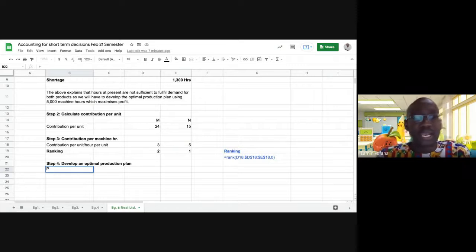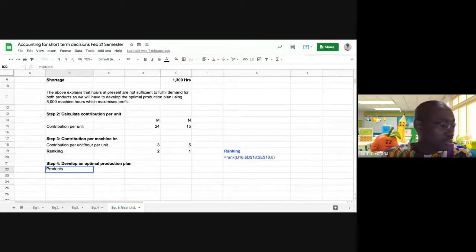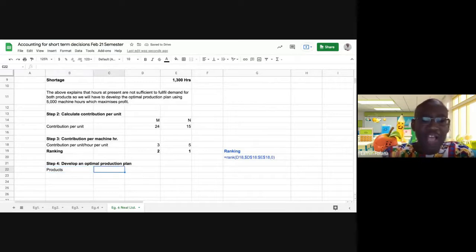Let's put it, I like everything to be in a column because we are accountants, we are highly organized. So products, we will have units, or we will have hours.